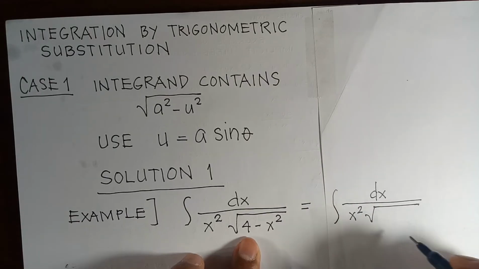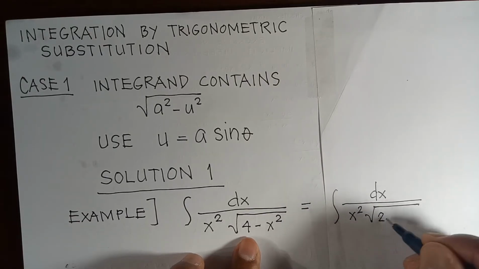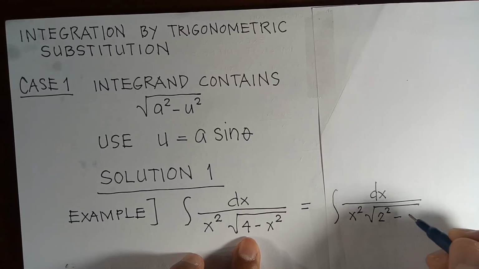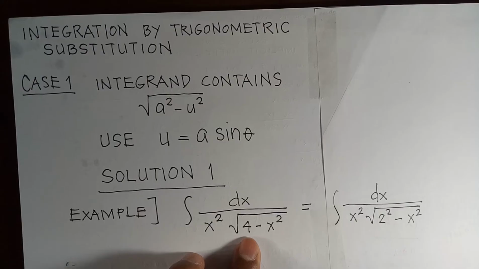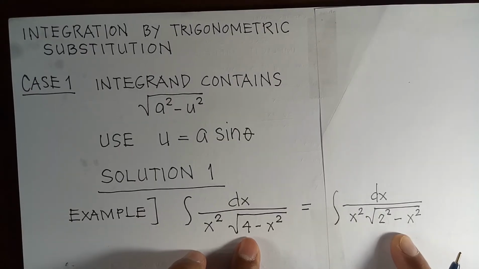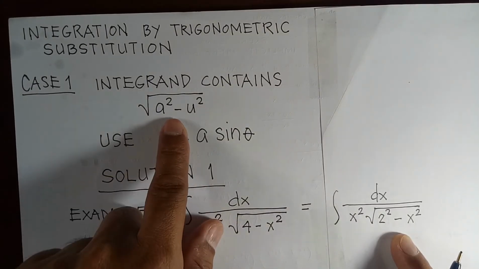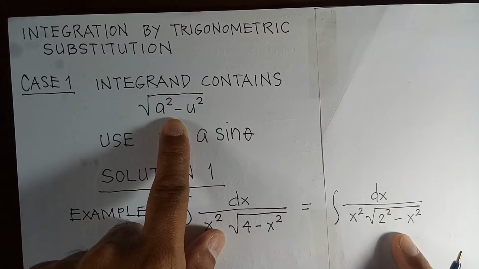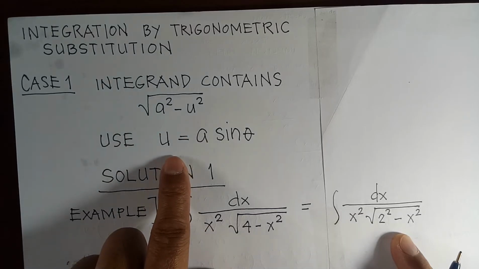So yung 4 ay equal din siya sa 2 squared and then minus x squared. So you see, square root of 2 squared minus x squared takes the form of square root of a squared minus u squared. Kaya siya case 1. So, ang gagamitin nating substitution, u equals a sine of theta.